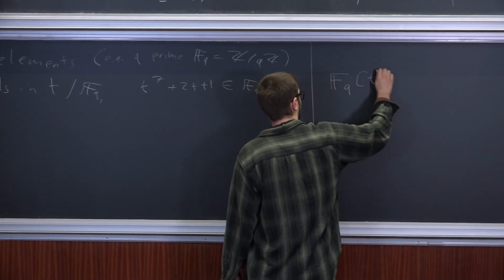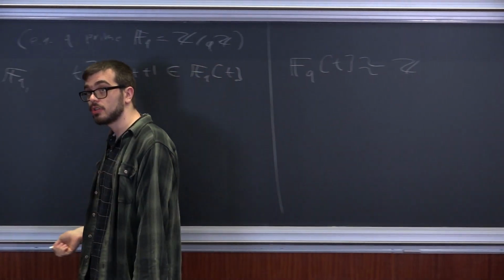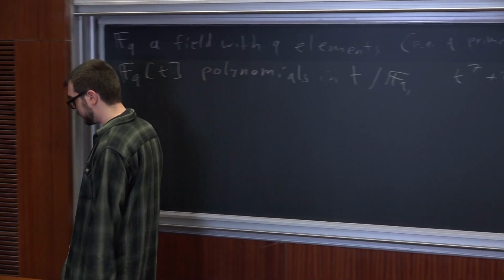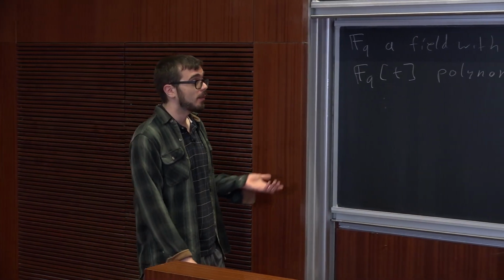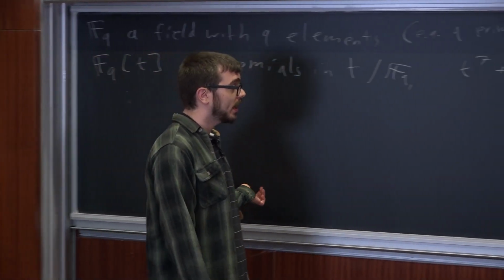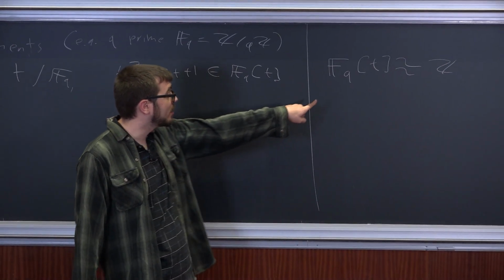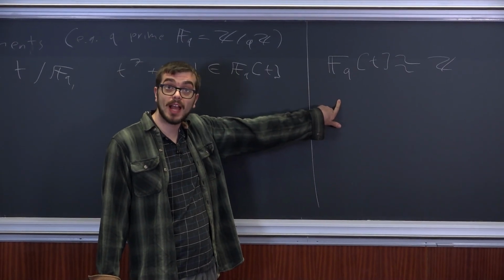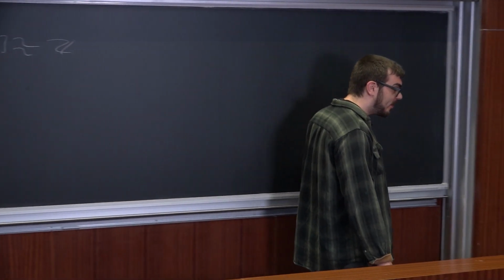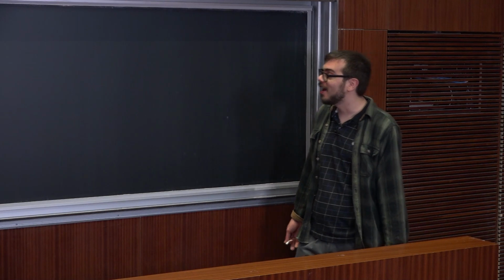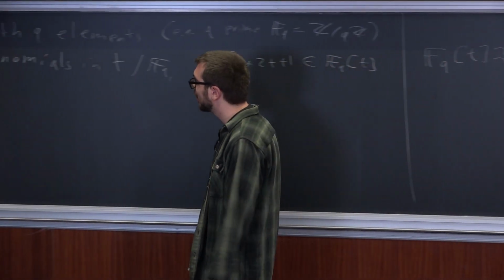And I think about F_q adjoin t as being very analogous to the ring of integers. So these two rings have a lot of algebraic properties in common. We can add and multiply by similar algorithms. The only difference is for polynomials, we don't have to carry when we add or multiply. For integers, we do. We can divide by polynomial long division, which is the same algorithm as integer long division.